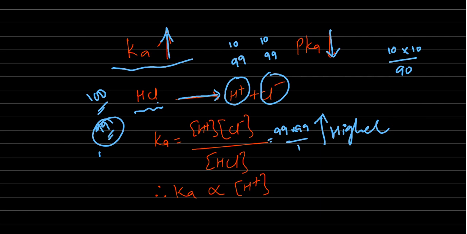So if you cut the zeros, 10 by 9 means obviously just about 1. The Ka value is very less if only 10 dissociated. So partial dissociation is called a weak acid. If maximum dissociation, the Ka value is maximum. If less dissociation, the Ka value is less. So finally the conclusion is, if Ka is maximum, acidic strength is maximum.